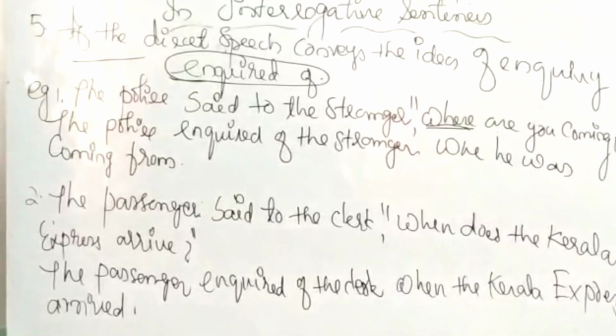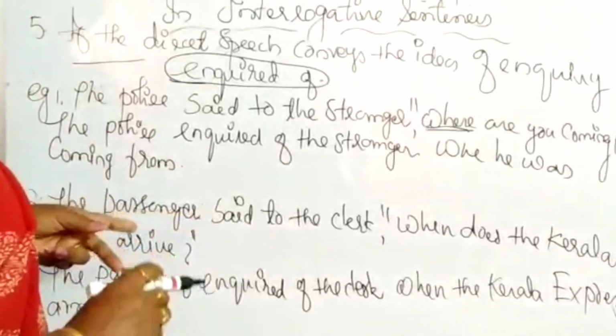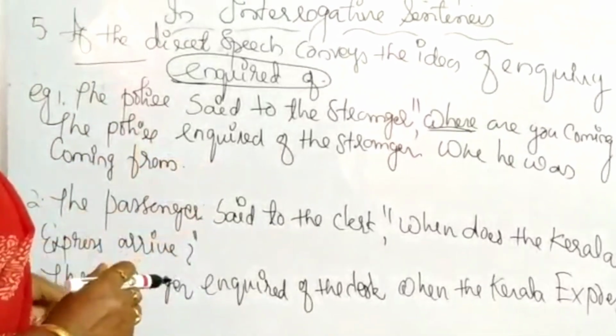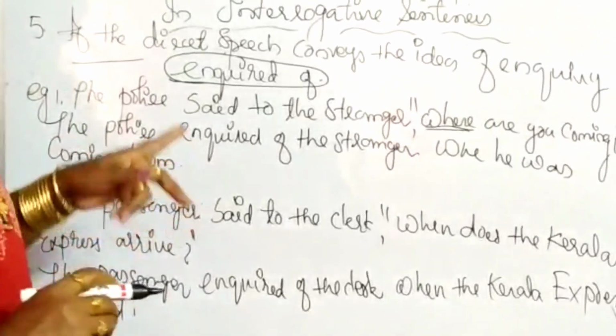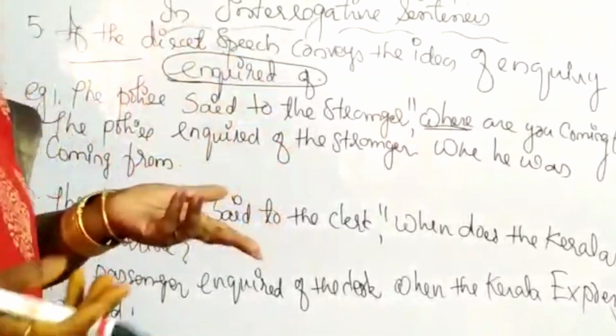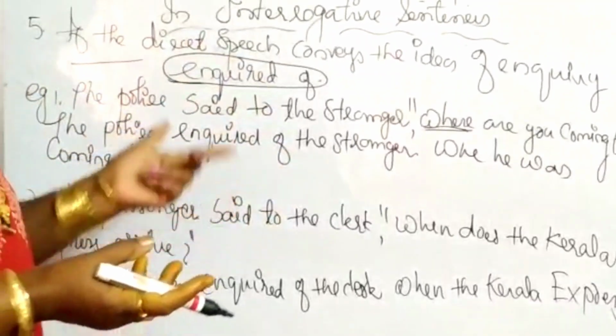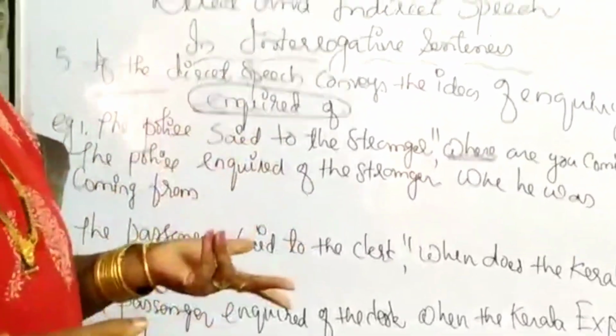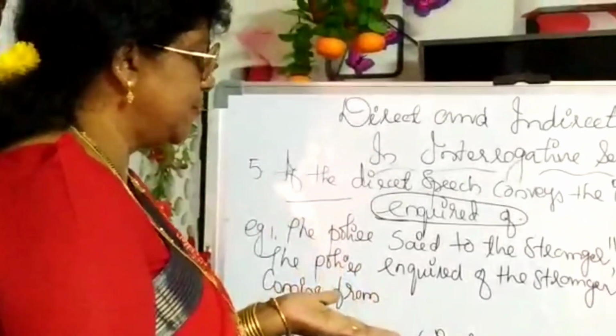So in all these sentences, something is being inquired. Instead of ask, we can use inquired of. Okay, so this is the end of interrogative sentences.